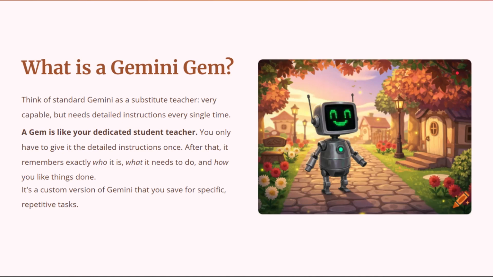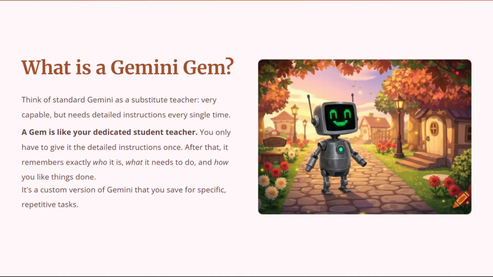I was thinking of an analogy that teachers might understand, and as a former teacher, I was thinking that the standard Gemini is like a substitute teacher. Very capable, but she or he needs very detailed instructions every single time they come into your classroom to help you.